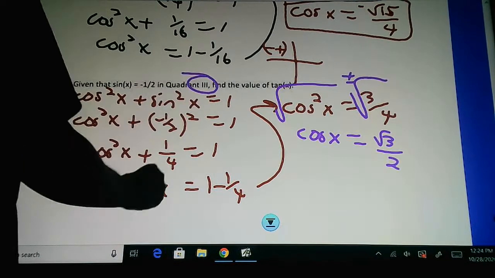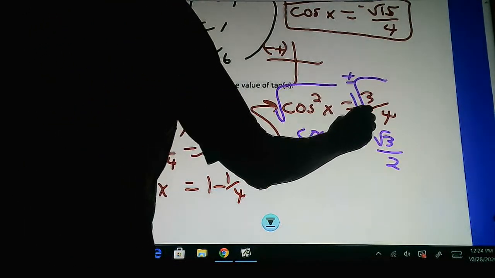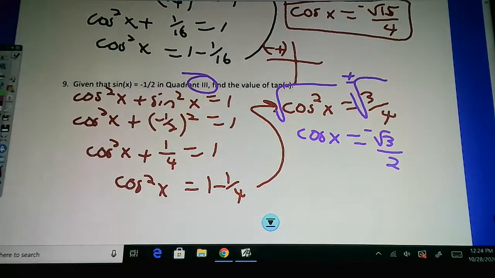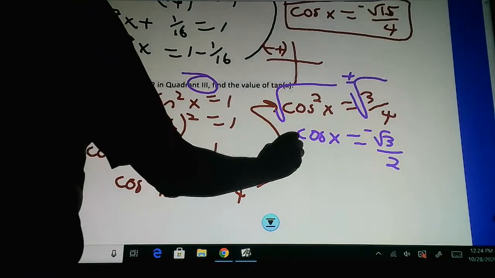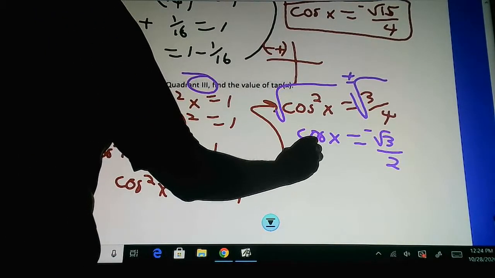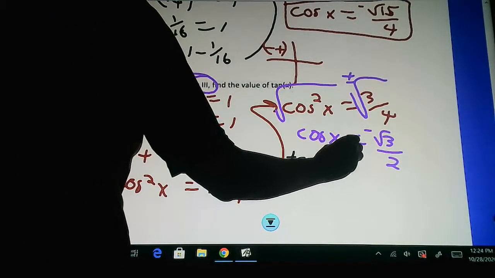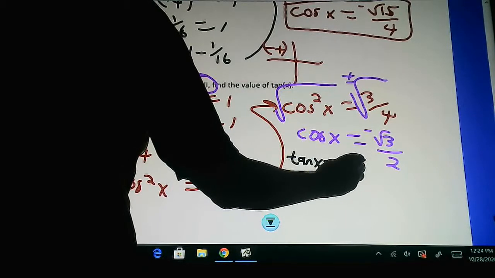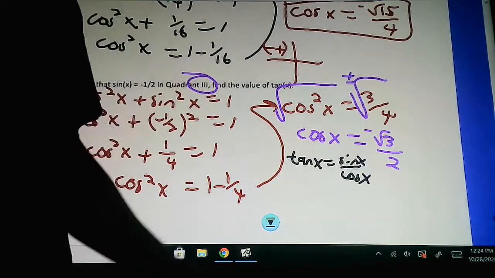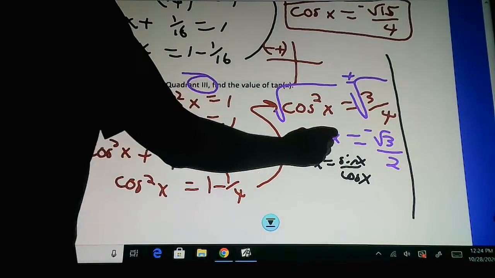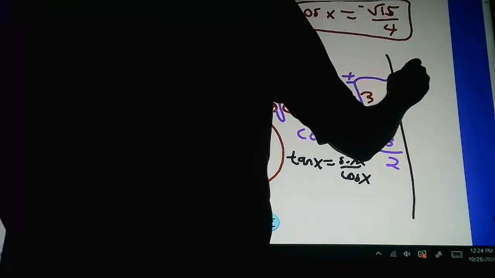I'm in quadrant 3. Sine and cosine are both negative in quadrant 3. Now that's not my final answer, because I want to find tangent. Remember that rule I showed you earlier, tangent is the sine over the cosine. So I'm going to come off to the side here. The sine was given to us as negative 1/2.